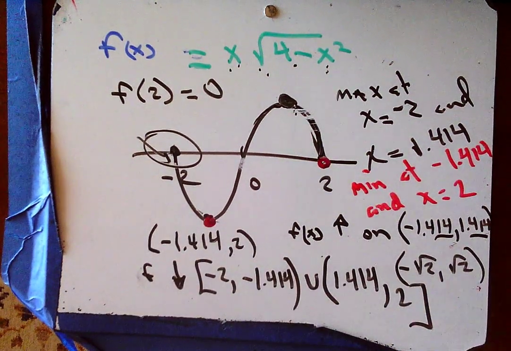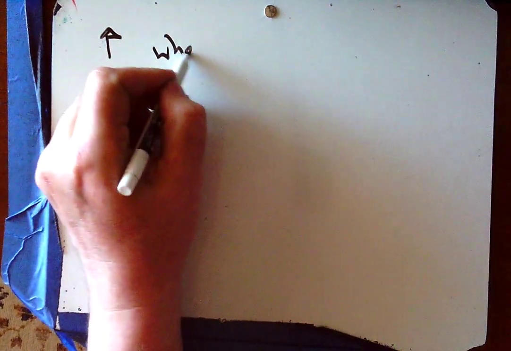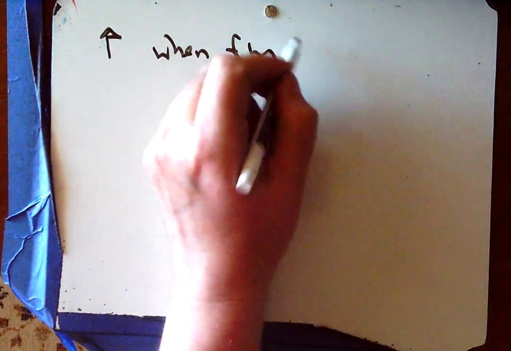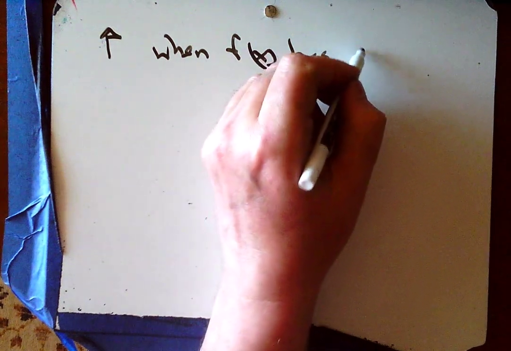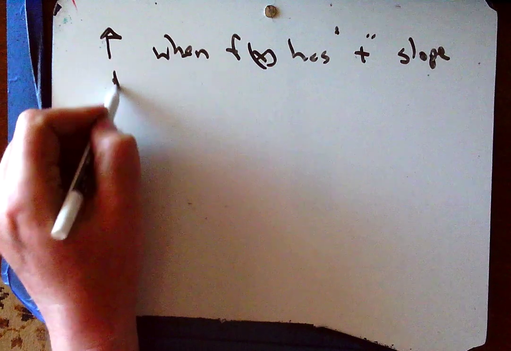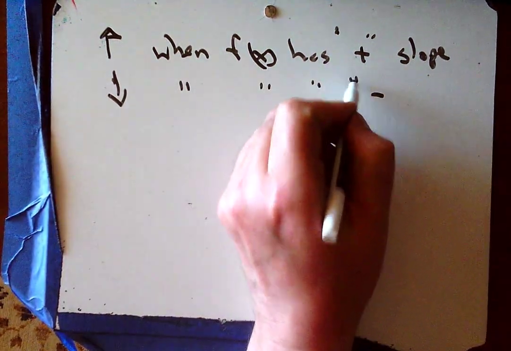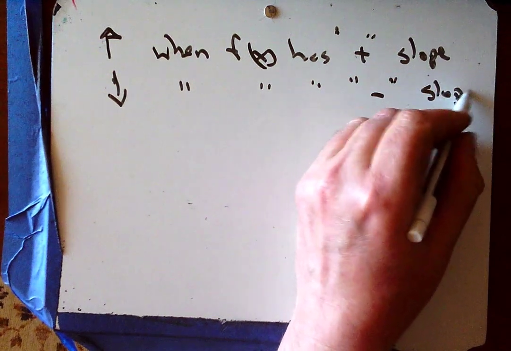All right, so let's summarize. I know a function is increasing when f of x has a positive slope. And I know a function is decreasing when f of x has a negative slope.